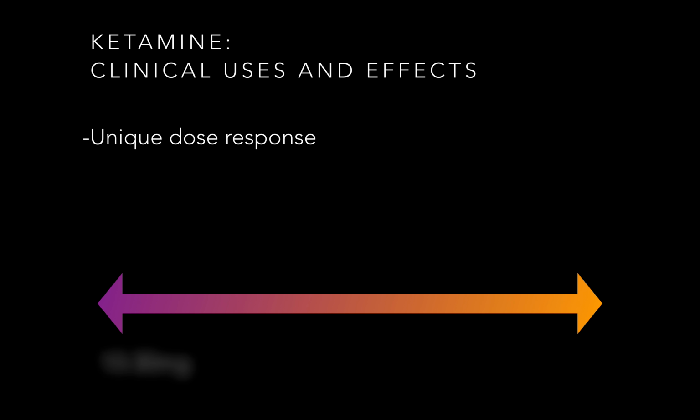Again, we're just going to talk a little bit about this unique dose response, this so-called ketamine brain continuum, just briefly, as we've talked about this elsewhere. At low doses, 10 to 30 milligrams in adults, given slowly, ketamine provides analgesia and has very little sedation effect, or very little CNS effect at all.